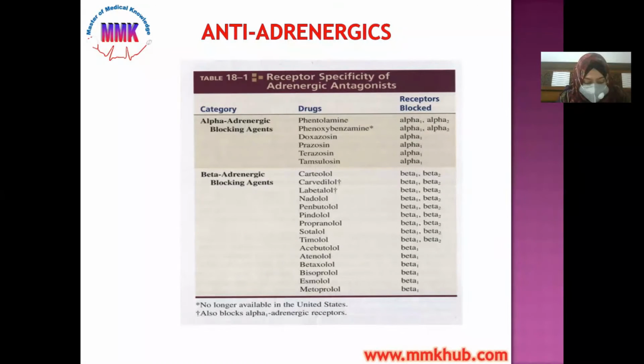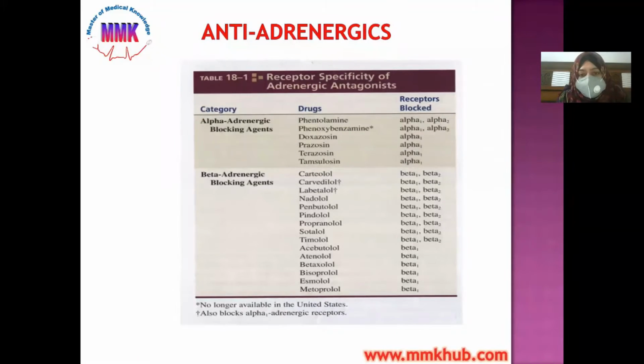When we study selective and non-selective alpha blockers, we can see that there are two non-selective drugs, phentolamine and phenoxybenzamine. And the alpha-1 antagonists, which work selectively on only alpha-1, are doxazosin, prazosin, terazosin, and tamsulosin.